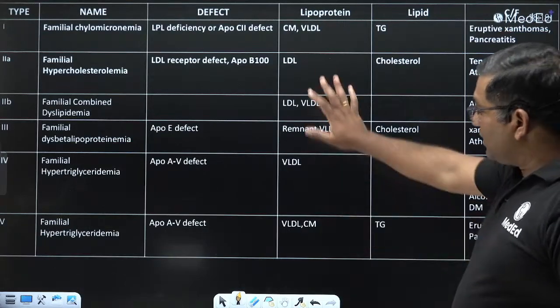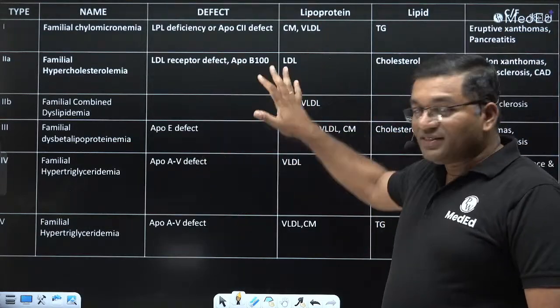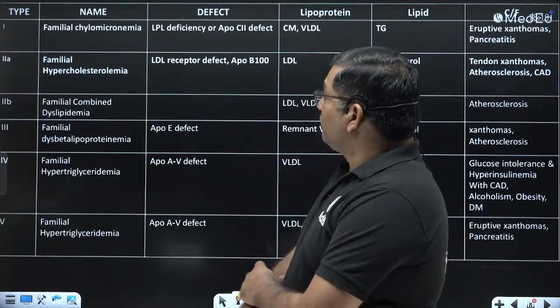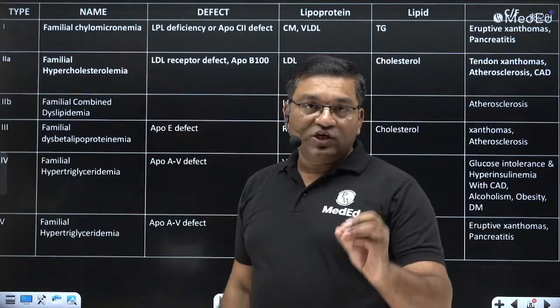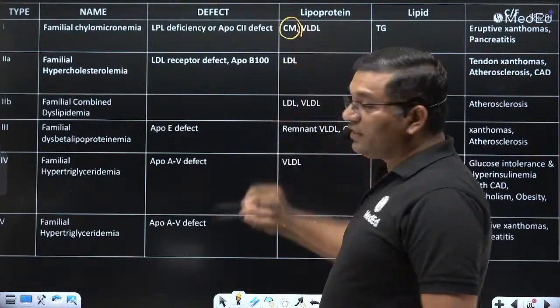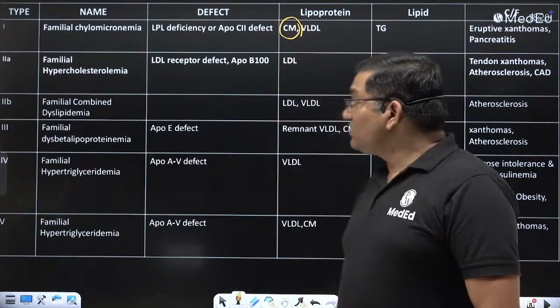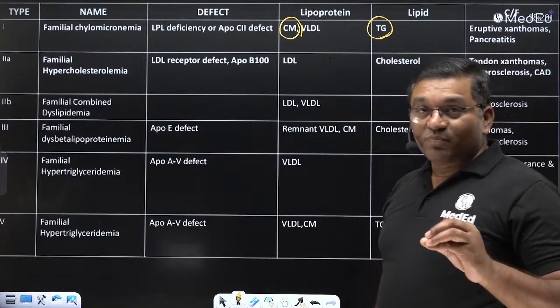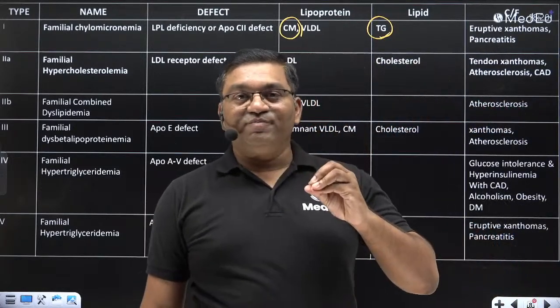Now, of these all, remember two here. First, familial chylomicronemia, which means there is an increase in the chylomicron level. Chylomicron carries triacylglycerol, so there is an increase in the triacylglycerol level. The patient's serum will be lipemic.